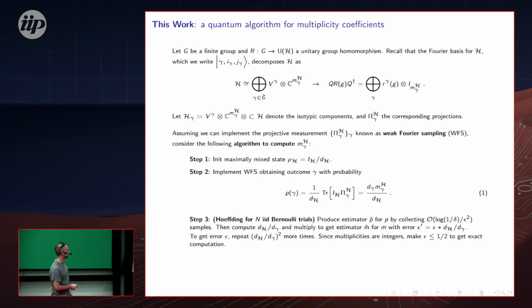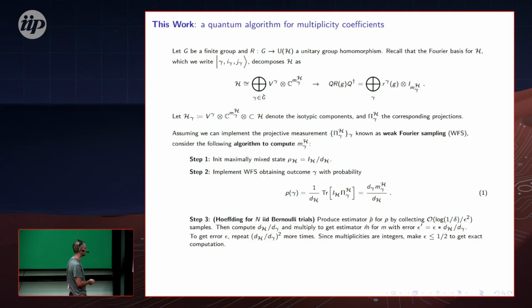Repeat many times. Each time you will get a single-shot estimator for p hat. Then you compute this quotient of d gamma over d_H. You should be able to compute d gamma and d_H efficiently. This is non-trivial, but in the case we're going to instantiate, in principle, you can do it.